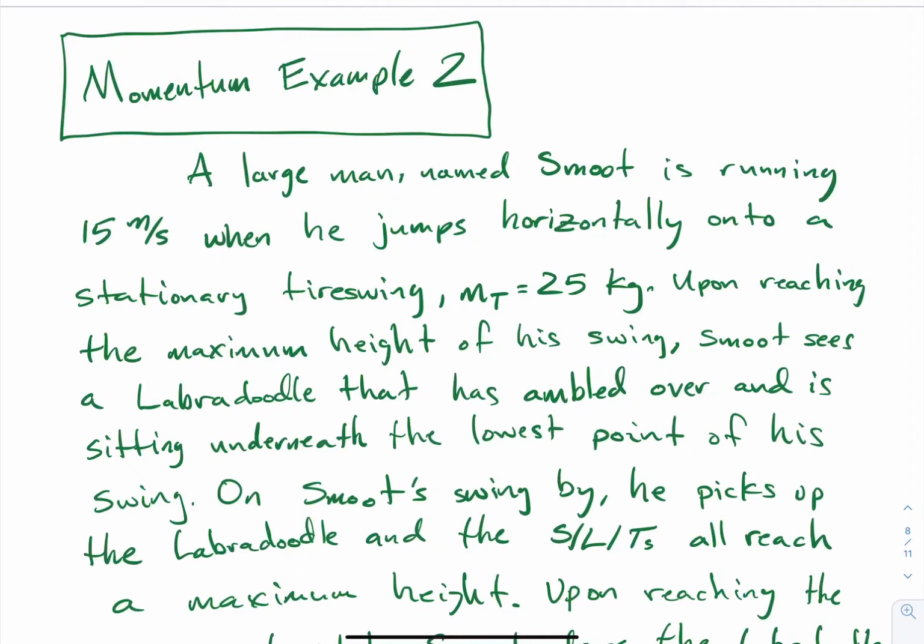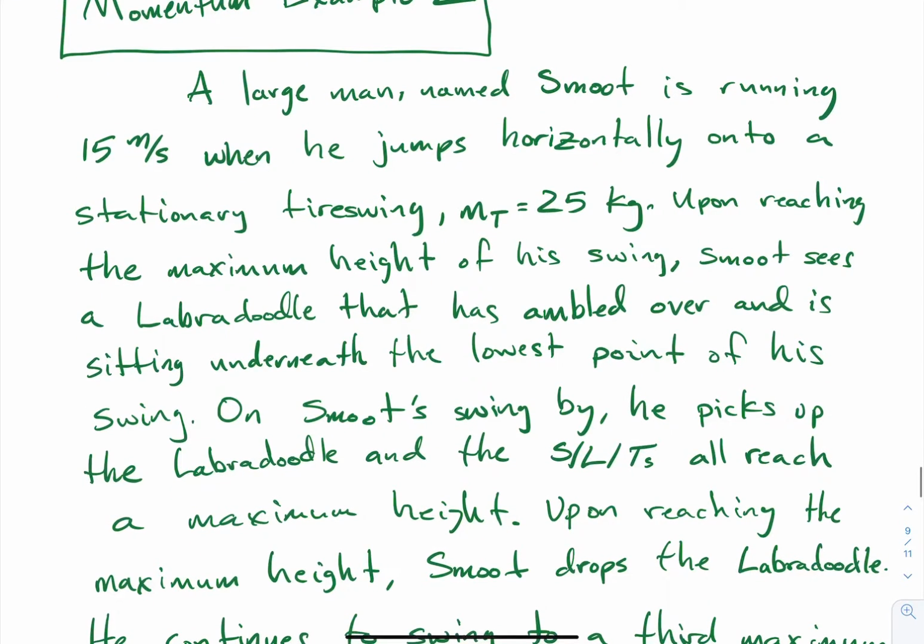So here we go. A large man named Smoot is running 15 meters per second when he jumps horizontally onto a stationary tire swing with a mass of 25 kilograms. And I've given the rest of the masses at the end of the problem. Upon reaching the maximum height of his swing, Smoot sees a labradoodle that has ambled over and is now sitting underneath the lowest point of his swing.